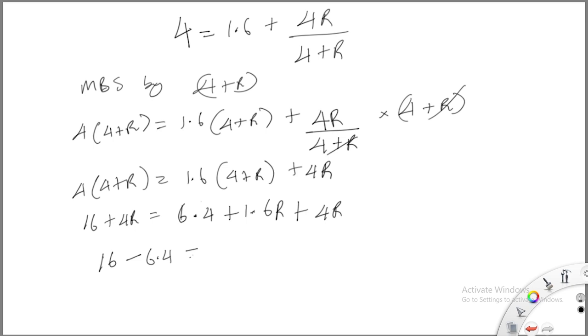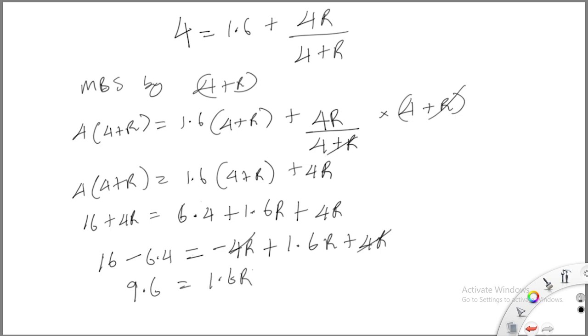6.4 is equal to minus 4R, and it crosses to the other side, plus 1.6R plus 4R. The same as saying this and this would go. So 16 minus 6.4 would have 9.6 is equal to 1.6R.